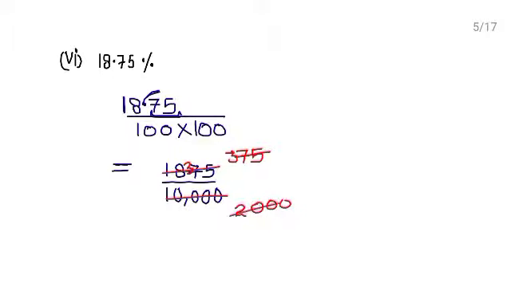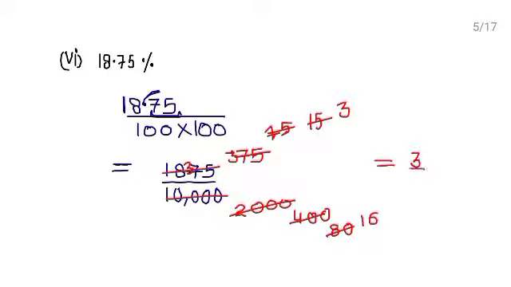Again they are divisible by 5, so cut them. 5 7s are 35, 5 5s are 25. 5 4s are 20, 0, 0. 5 1s are 5, 5 5s are 25. 5 8s are 40, 0. 5 3s are 15, 5 1s are 5, 5 6s are 30. So your answer is 3 upon 16, right?